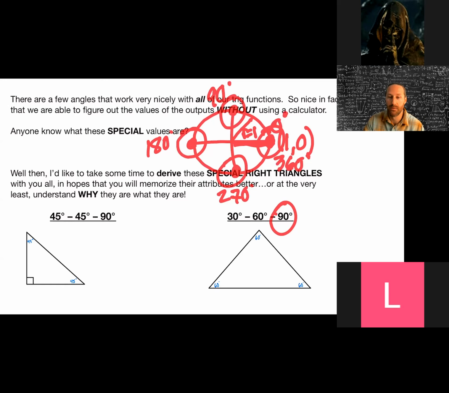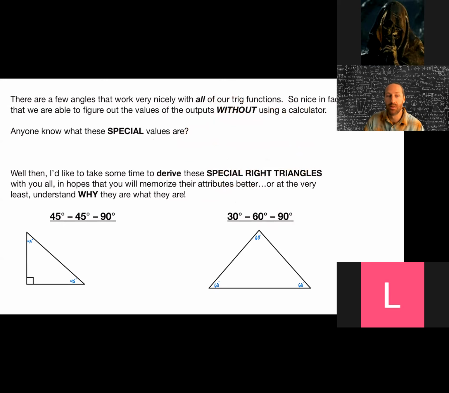Remember, those are the 5 quadrantal angles. And technically, you're looking at 1 point here, but we use 0 and 360 to both start and end in that one full circle. So definitely the quadrantal angles.